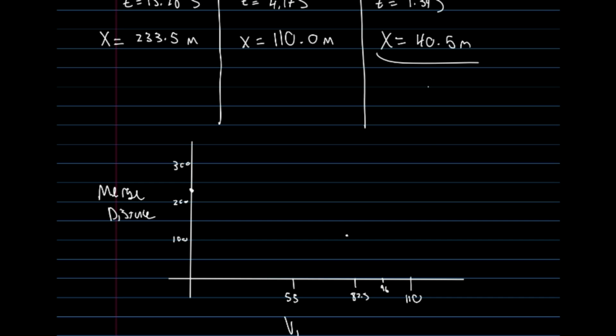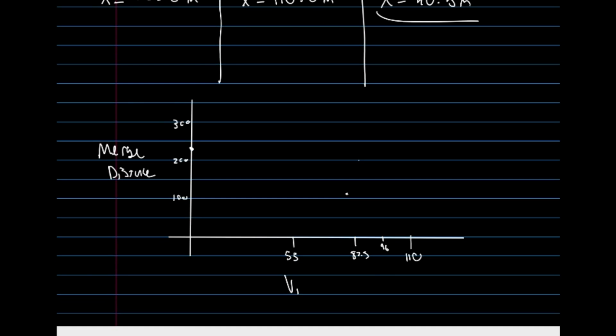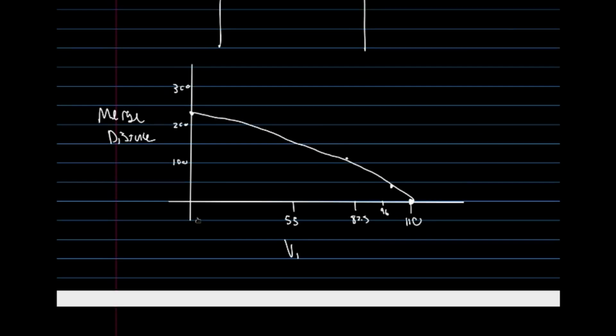The next one, we had done 100 kilometers per hour, so that'd be around here. 100, and it was 40.5. So pretty close to here. And at 110, theoretically, there would be no merge distance required. So, let's see how that decreases there. And you can see, going at a slower velocity when you merge is a very bad idea.